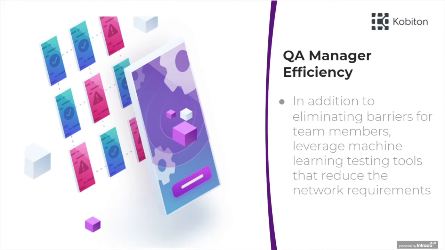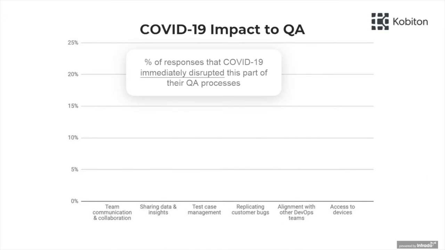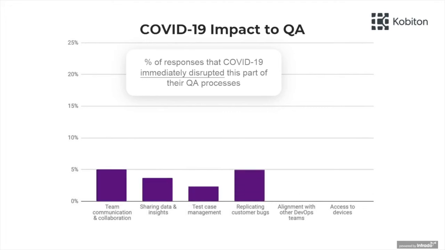So moving on, the other part of the survey that we did, and I think this is probably one of the most insightful results of our survey, showed the percentage of responses on the impact COVID-19 had on different parts of their testing process. And these answers are related to the ones that were immediately disrupted in the QA process.